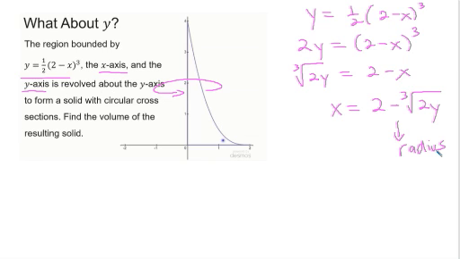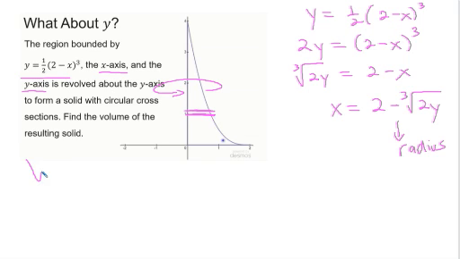Because this one is sideways. Because my discs are going to be cut this way. So that is my radius. From that point on, it's just like the last problem.